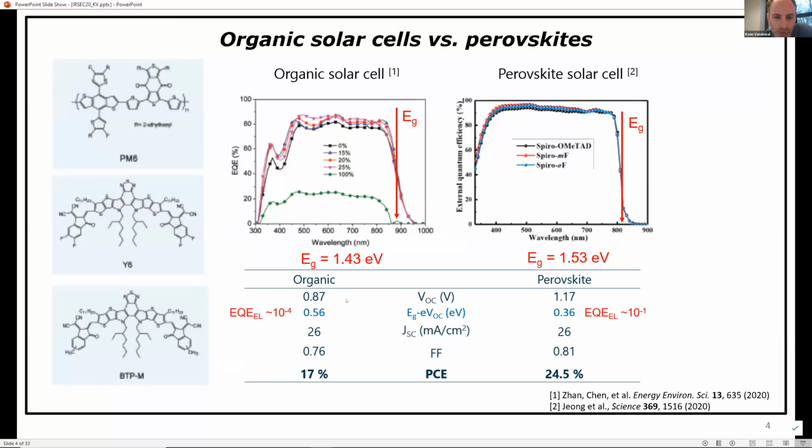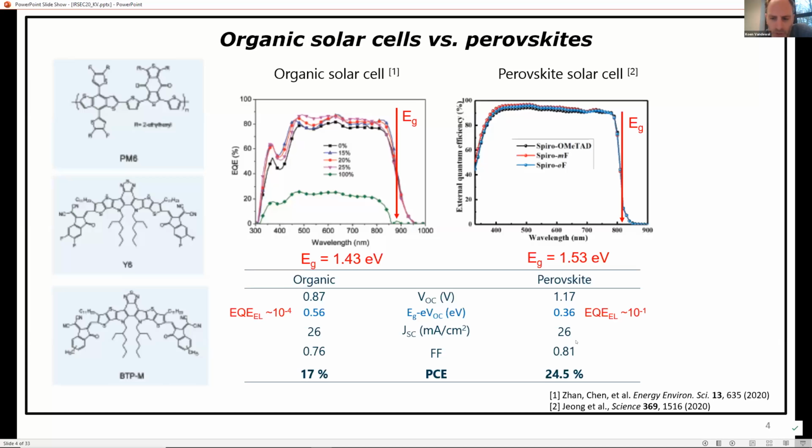More specifically, the difference between the band gap and the open circuit voltage for organics is over 0.5 eV, while for perovskite it's now in the best cases about 0.35 eV. We will see later that this is related to the amount of non-radiative recombination.